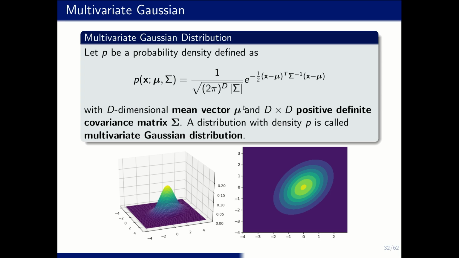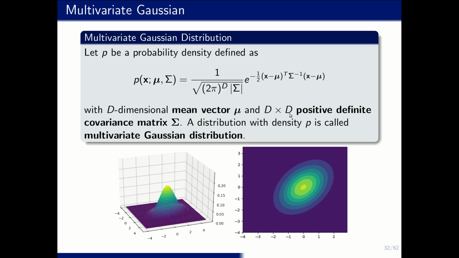And this is pretty much the same as in the Gaussian over only one random variable, where sigma had to be positive, and the rule is now that the covariance matrix must be positive definite. So again, two parameters, mean and covariance: the mean vector, a d-dimensional vector, and the covariance, a d times d positive definite matrix.